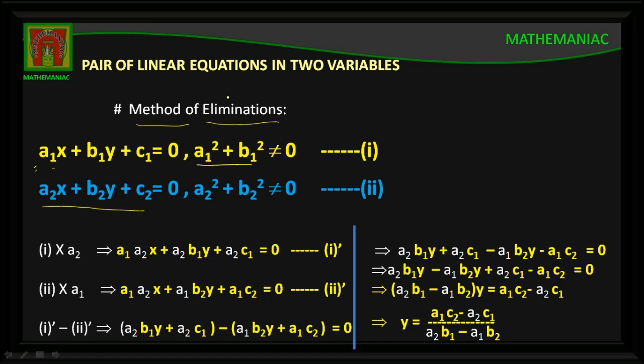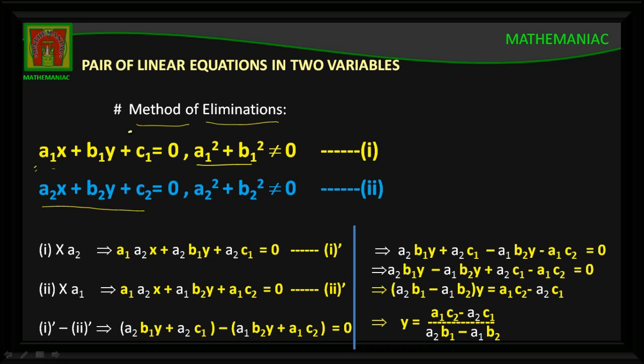And when we try to remove one of the variables, it's up to you which variable you want to remove first. There is no hard and fast rule. But what I explain here is for removal of x in the general form, right? So for removing that variable x, once you decide, your first task is to make the coefficient of x in both the equations equal.